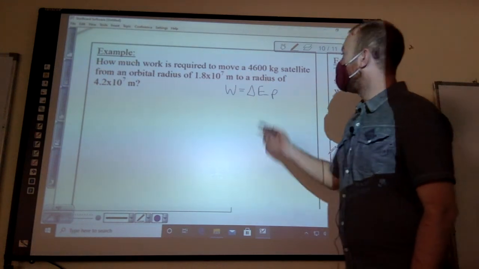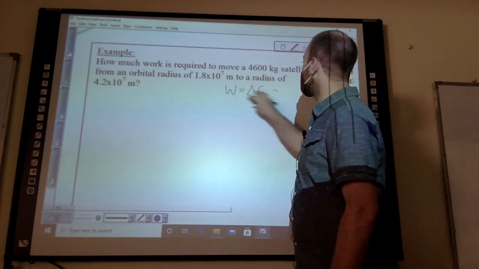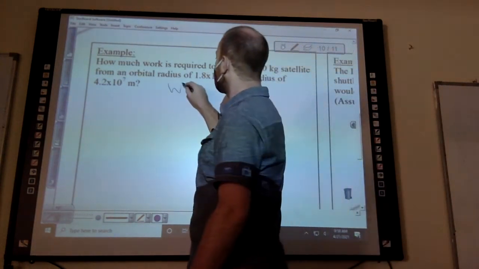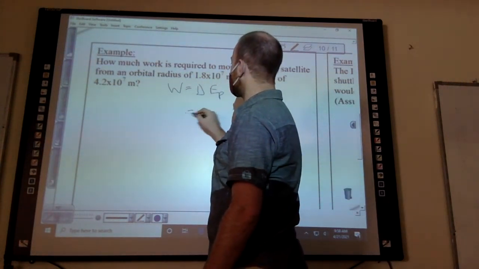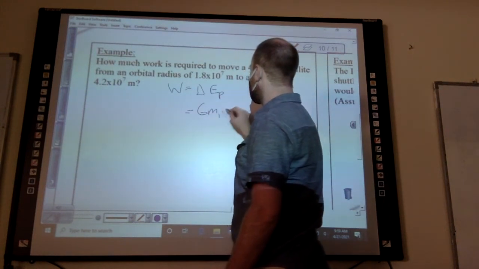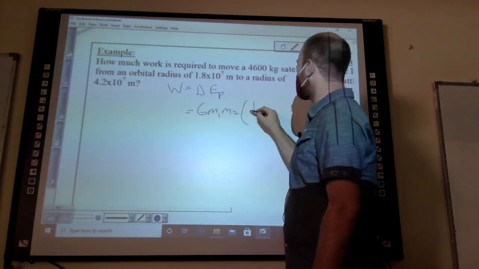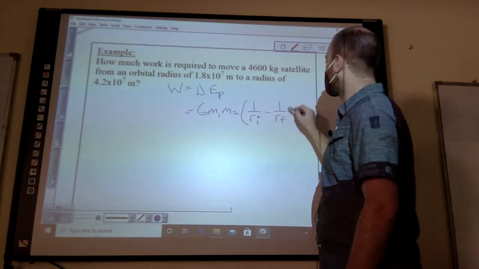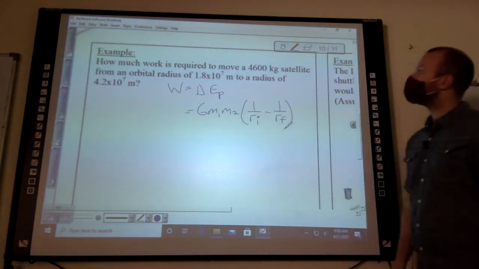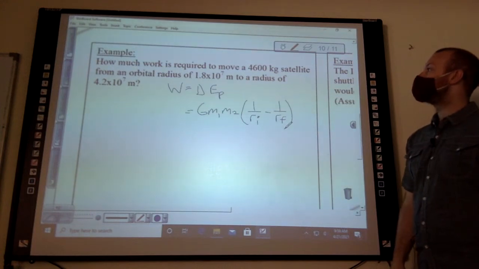So I'm going to move this over here. We have a nice, handy, useful equation we just derived. I'm going to assume this is Earth.